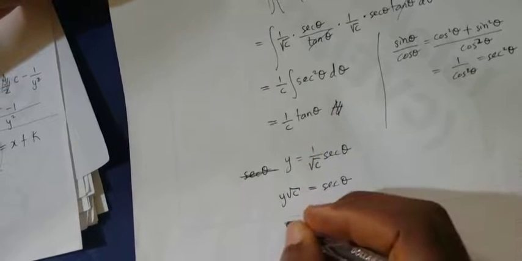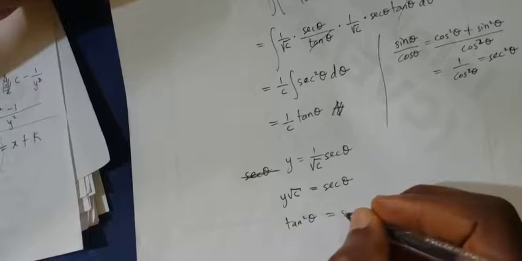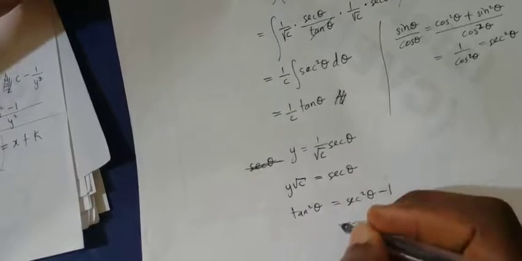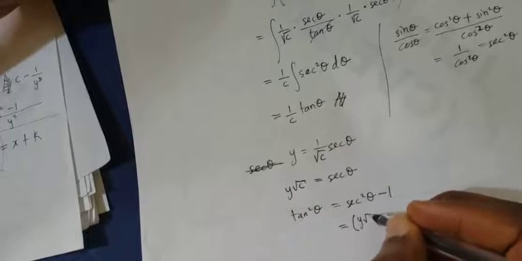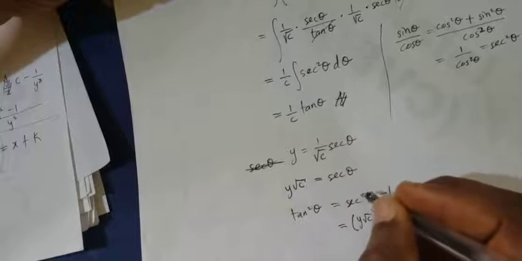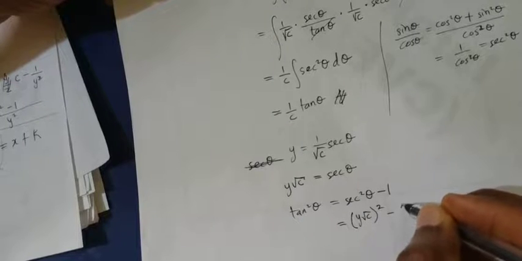We also know that tan squared theta is equal to sec squared theta minus 1. Since sec theta is y root c, sec squared theta will be y root c all squared, then minus 1.